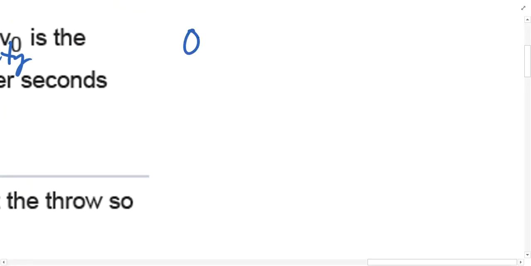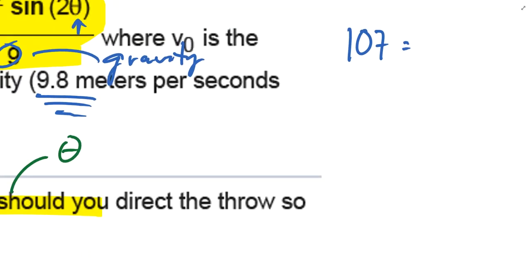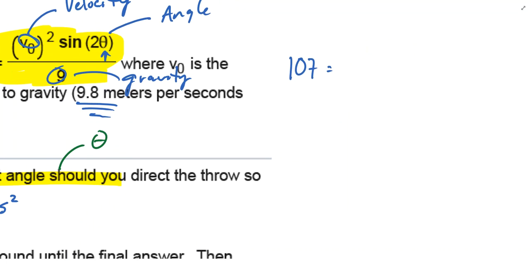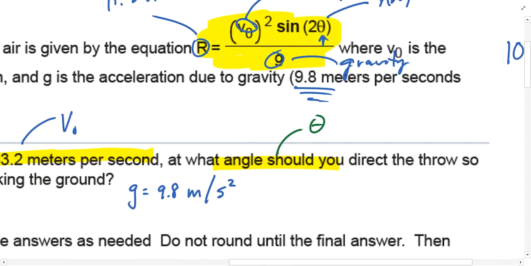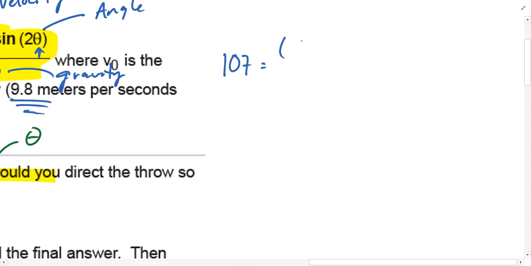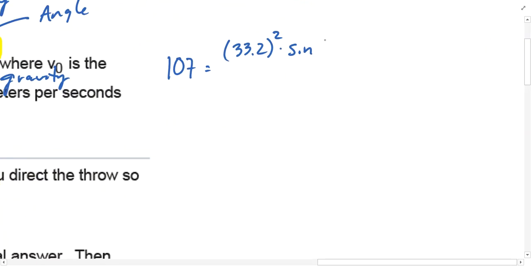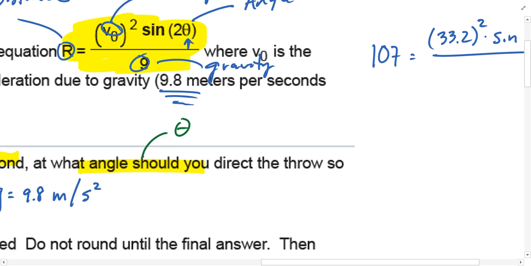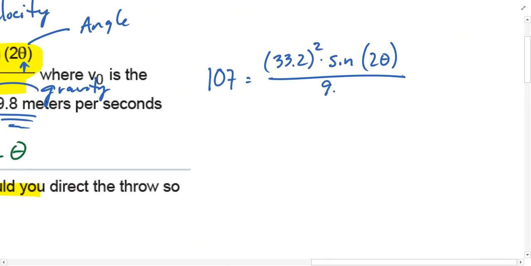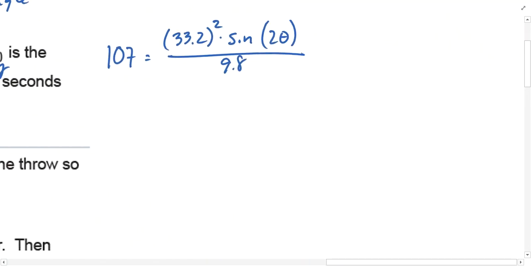That's the distance traveled. 107 equals, I have to reference this again, our initial velocity was 33.2 squared times sine of 2 theta, divided by g, 9.8.